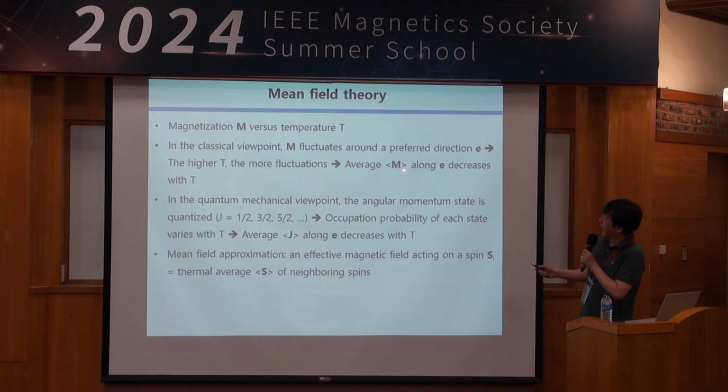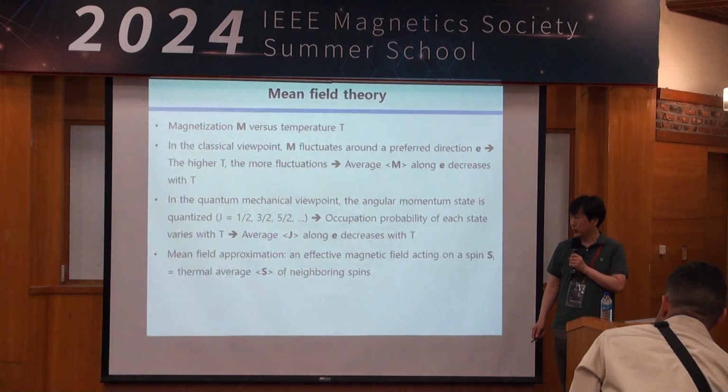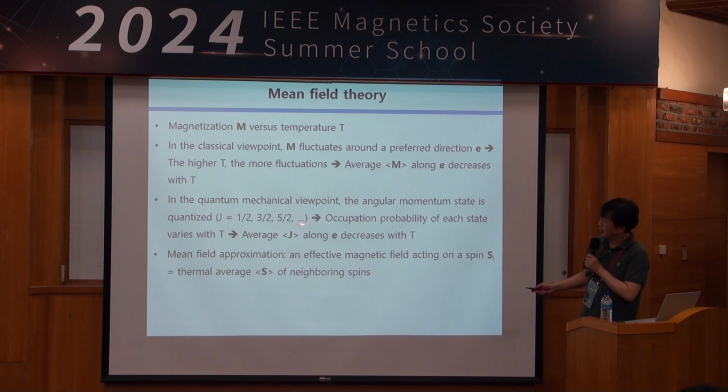Then the average component along the preferred direction decreases with the temperature, and you can calculate that. In the quantum mechanical viewpoint, your angular momentum state is quantized, so the occupation probability of each state depends on the temperature. Then you can calculate the thermal average of this angular momentum along a specific direction, which also decreases with temperature.